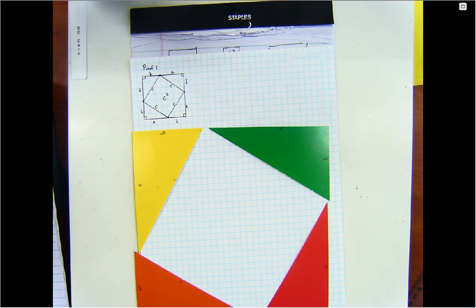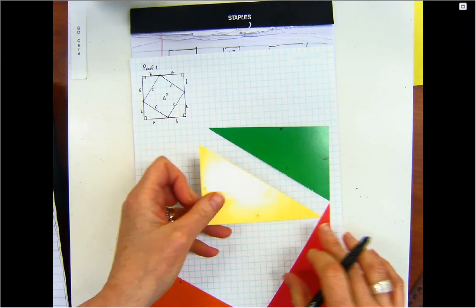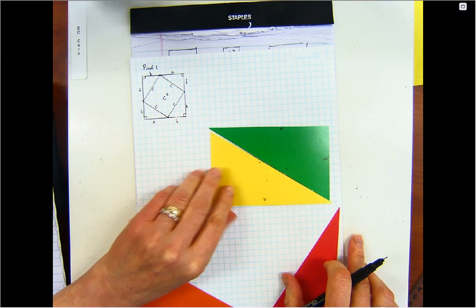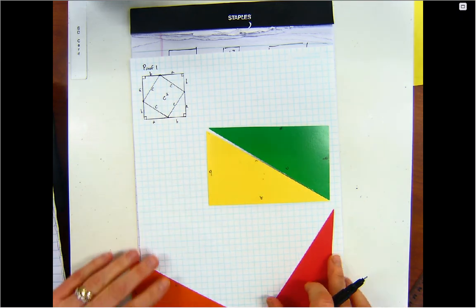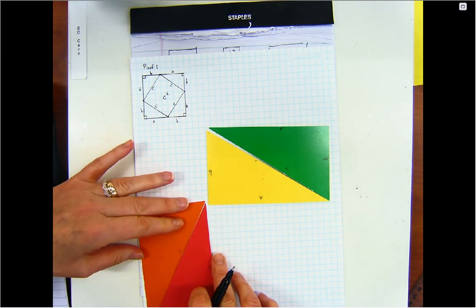We need another shape. The next shape, we have to come up with an a squared and a b squared. Okay, we have a square c by c, but now we need a square that's a squared and a square that's b squared. To get to that point, we're going to put our 4 right triangles in this shape.